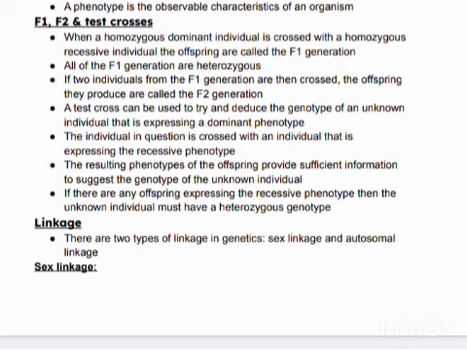A test cross can be used to deduce the genotype of an unknown individual that is expressing a dominant phenotype.